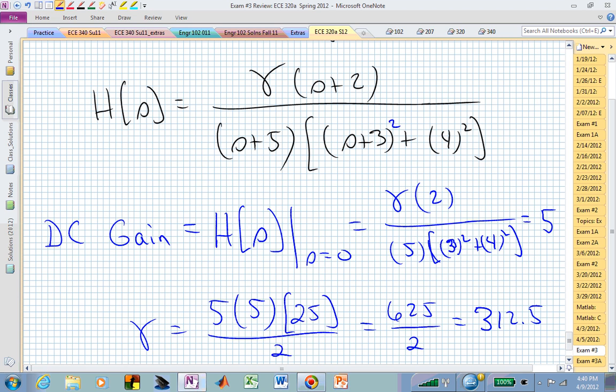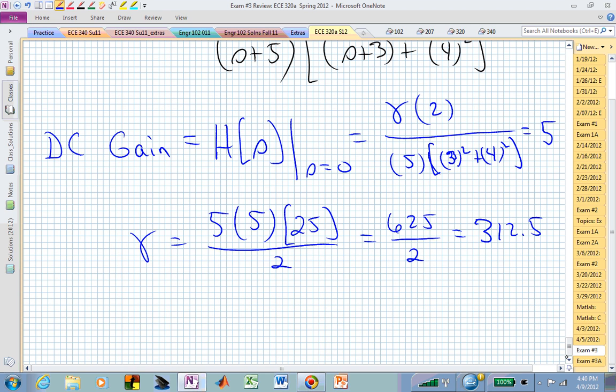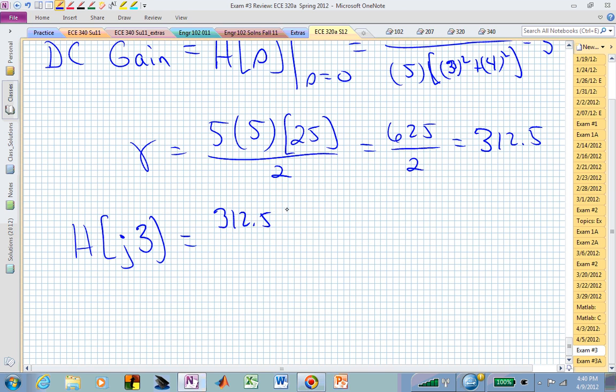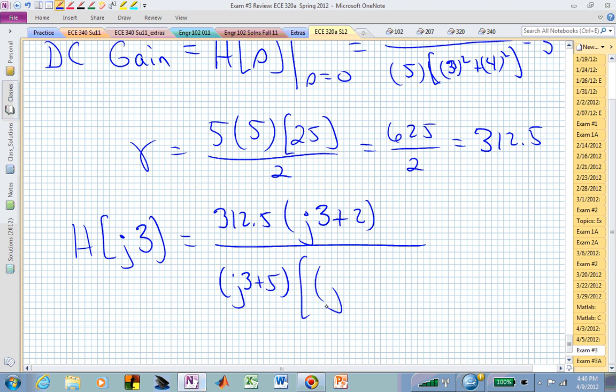Question? And then what you could do is say, oh, I need H of j3, and now everywhere you see an s, you replace it with j3, and you could numerically compute that complex number associated with the transfer function at the frequency 3 radians per second. So now you would have 312.5 times (j3 plus 2) over (j3 plus 5), and then (j3 plus 3) squared plus 4 squared.